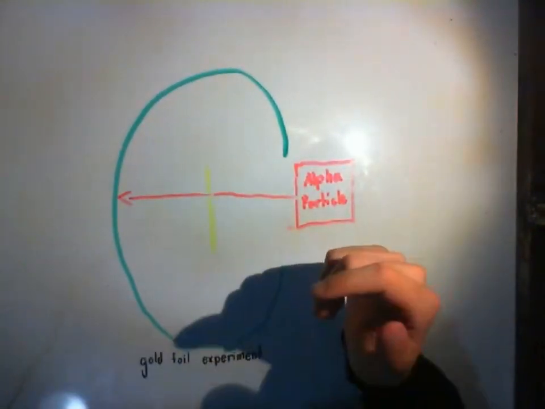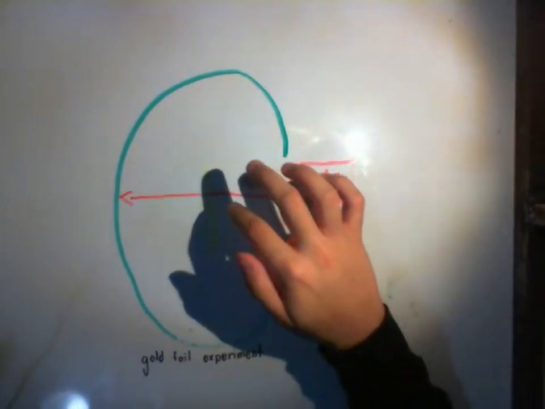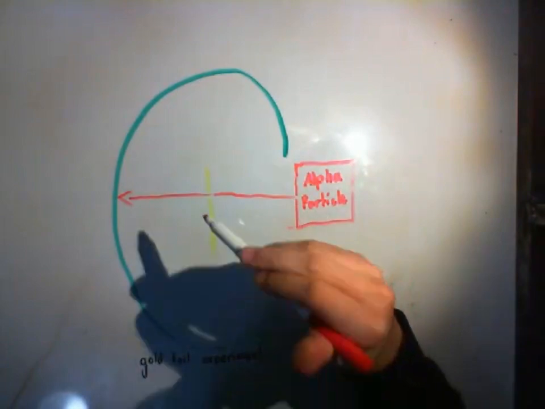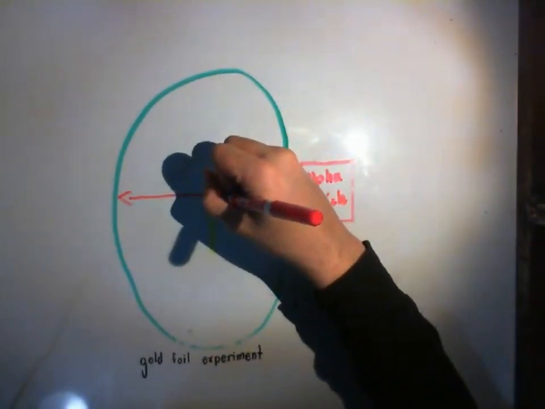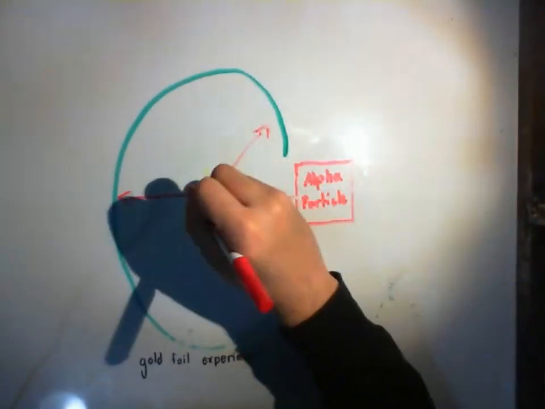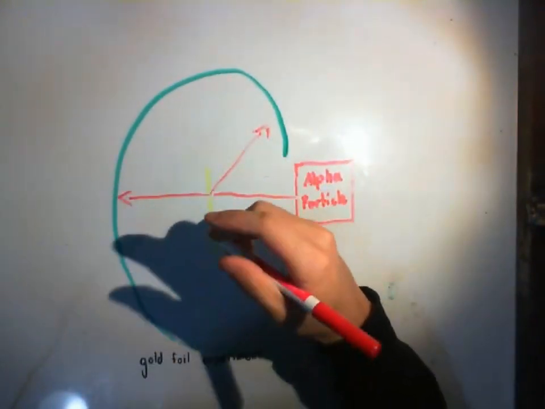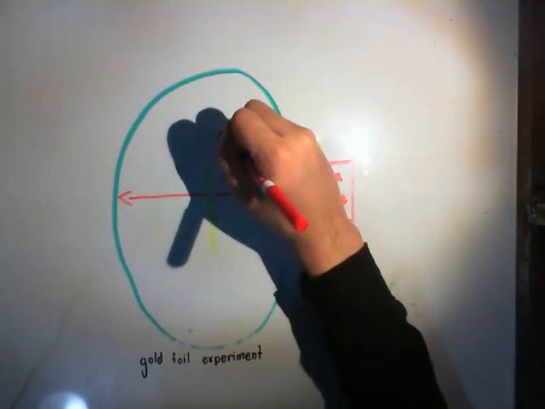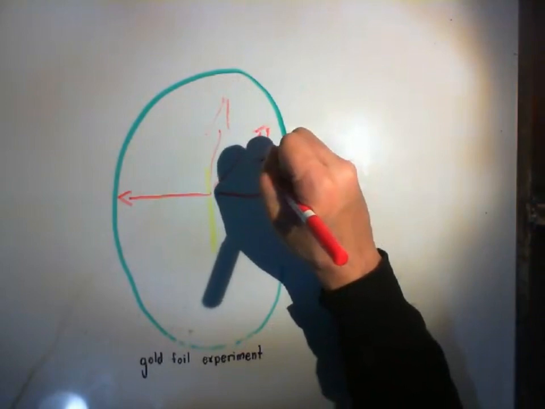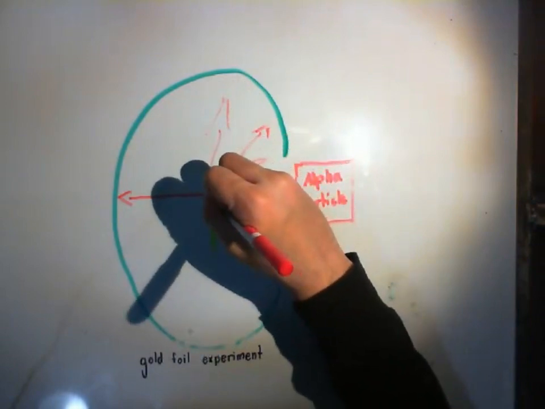Most of the alpha particles just passed right through the gold, as if nothing was there. However, a very small amount did get deflected. The vast majority just went straight through, but some of them deflected in various directions, so let me just draw that.